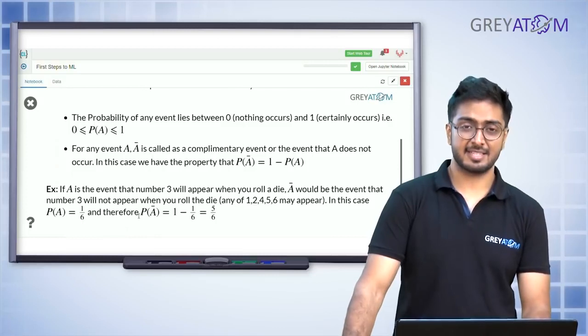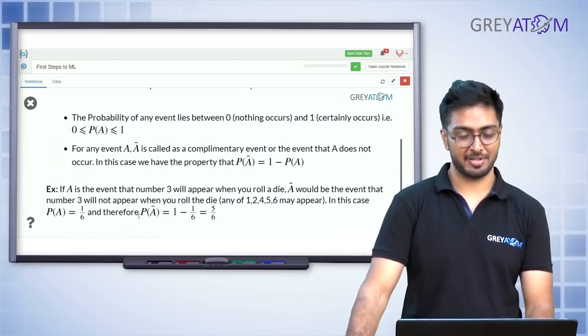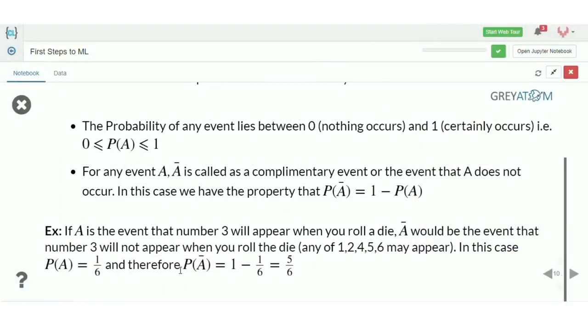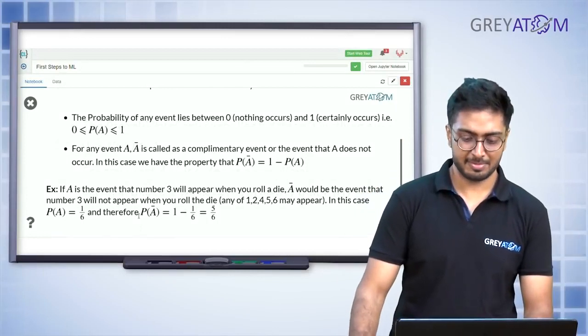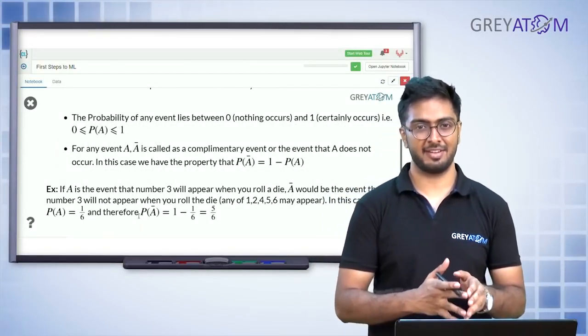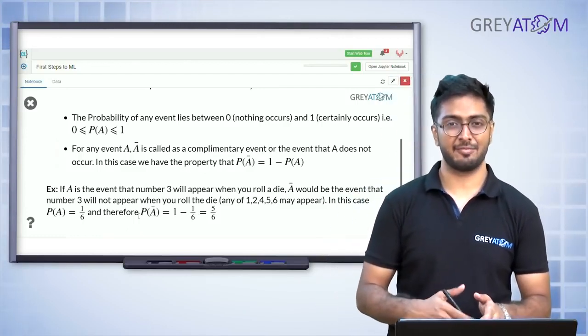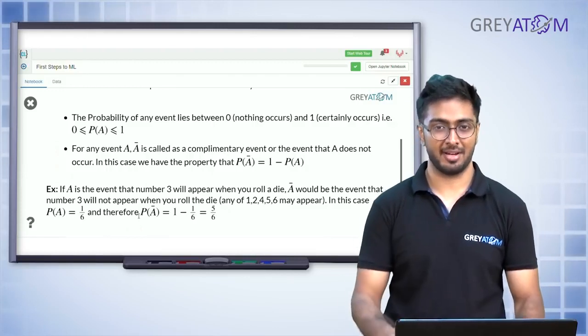So the next thing to understand is this particular notation called A bar, right? So A bar, A dash, whatever you call it. So for any event A, A dash is called a complementary event, right? Which basically means that if A signifies the event A would happen, A dash implies the event A would not happen, right?